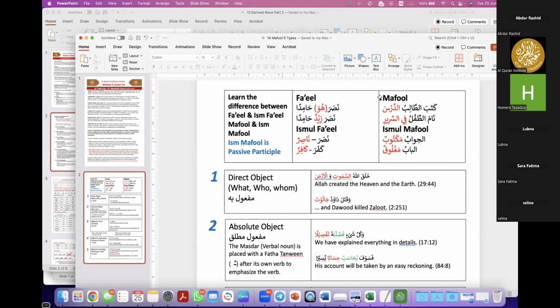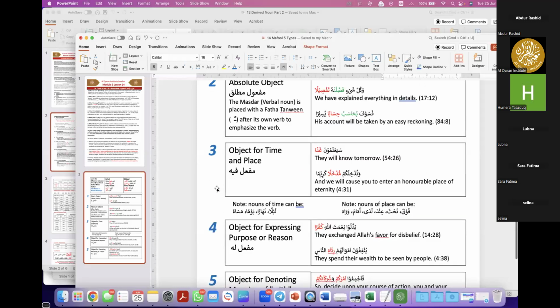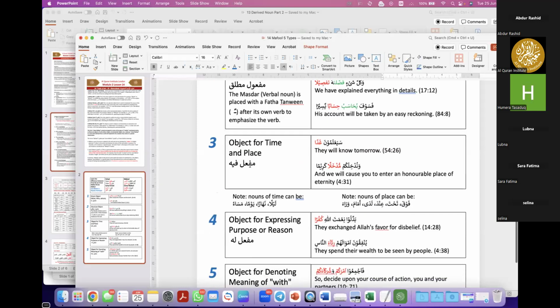These are only maf'ul. That's it. Some will be indicating object, answering which, what, whom. Some will be indicating emphasis, like mutlaq. These all are maf'ul, not ismul maf'ul. That's the whole point here. Good question; other people may not have thought about it.